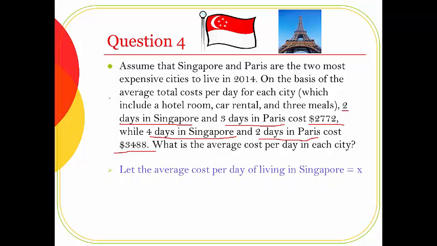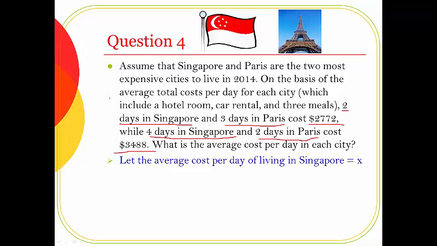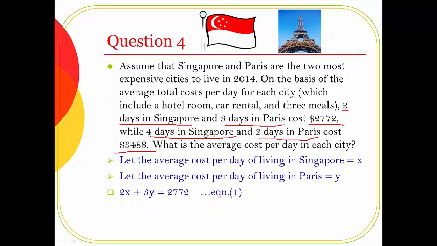So what do we do? We assign variables. Let the average cost per day of living in Singapore be x. Let the average cost per day of living in Paris be y. So here we say now 2 days in Singapore, which is 2x, plus 3 days in Paris, which is 3y, equal to 2,772.